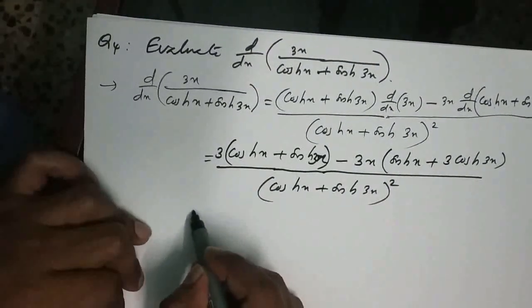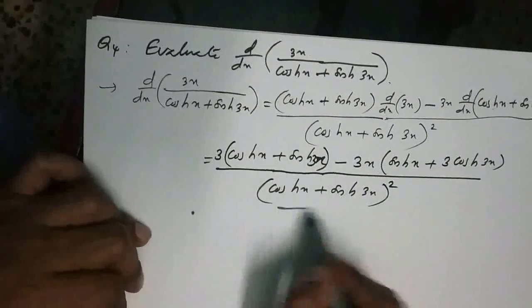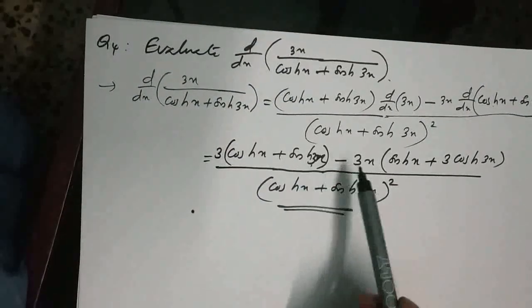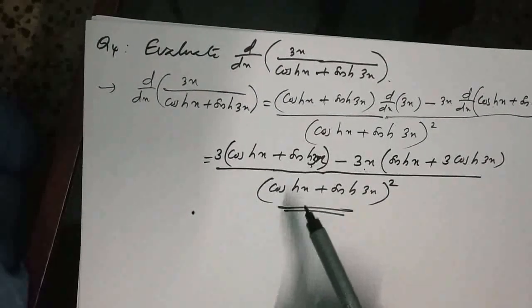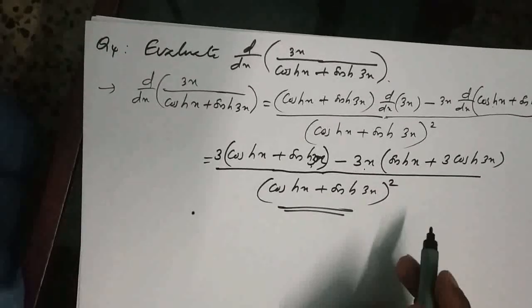So we can stop here. The answer is 3 into cosh x plus sinh 3x minus 3x into sinh x plus 3 cosh 3x, divided by cosh x plus sinh 3x whole square. Okay, so that is the answer.